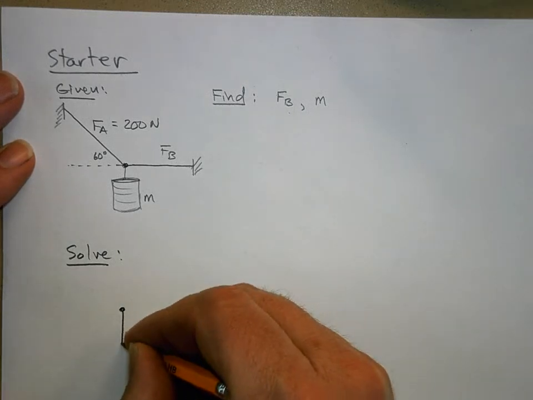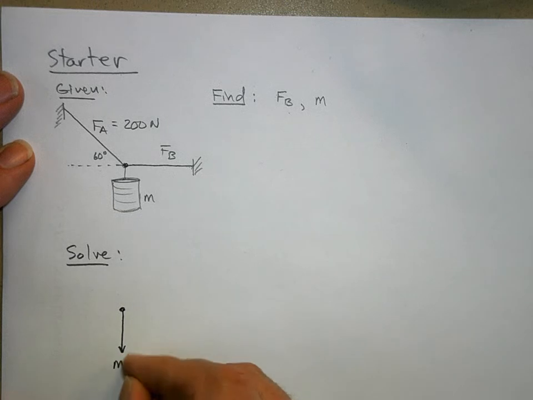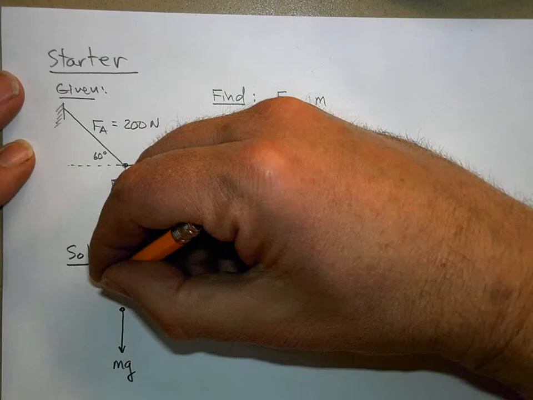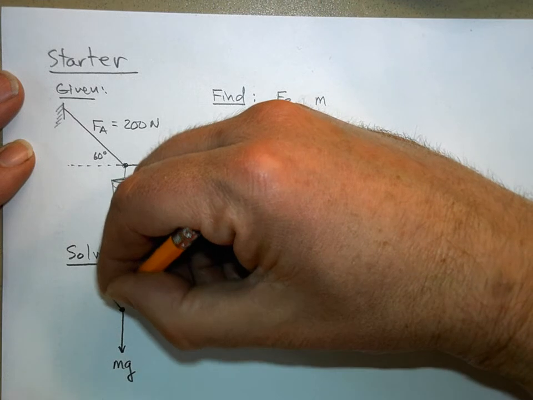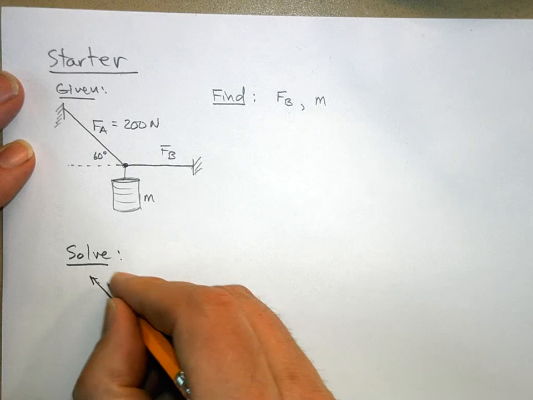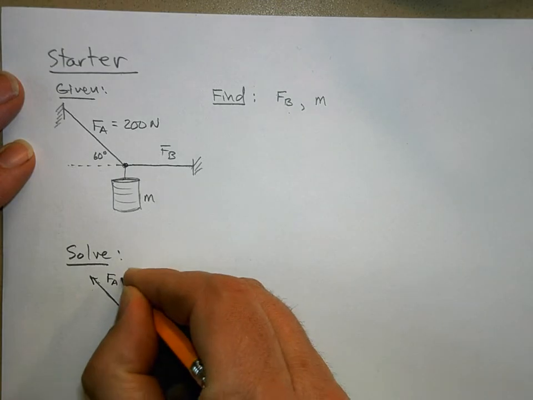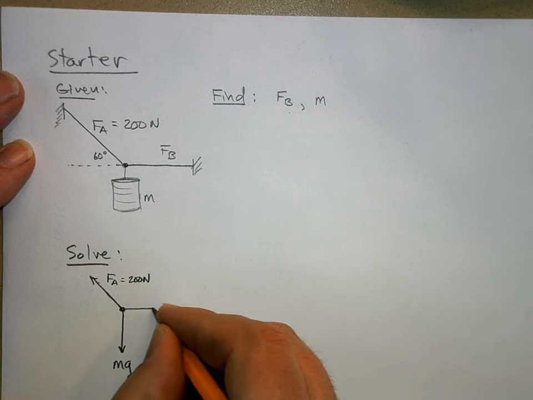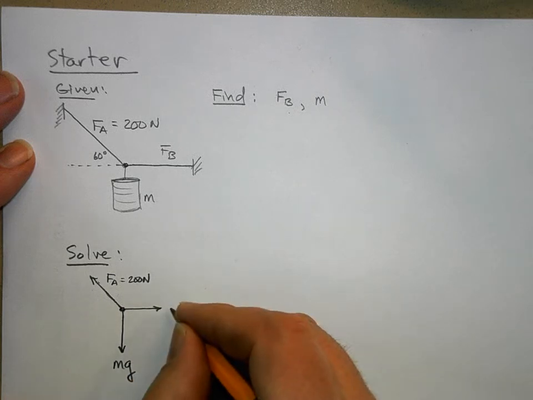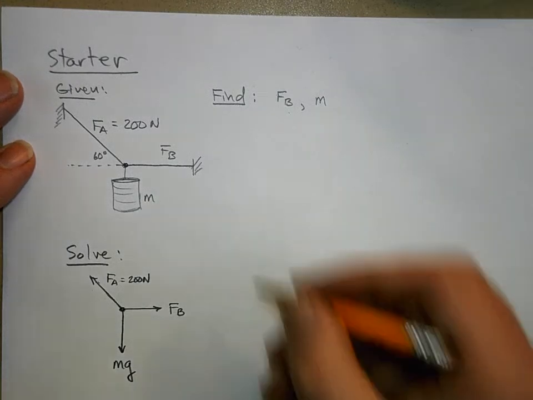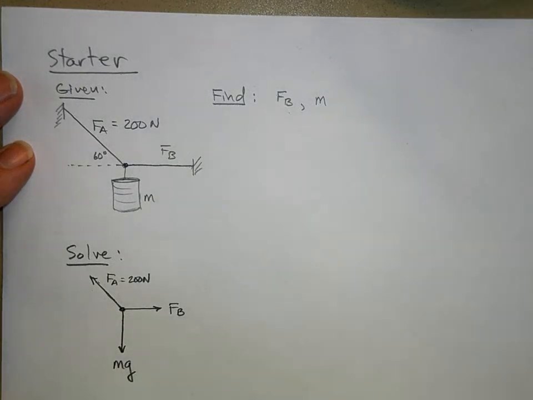So pulling down on it is the weight, and then pulling up and to the left at a 60-degree angle is FA, and that's 200 newtons. And then FB, the tension in that, is pulling to the right. Okay, and those are all the forces that are acting.